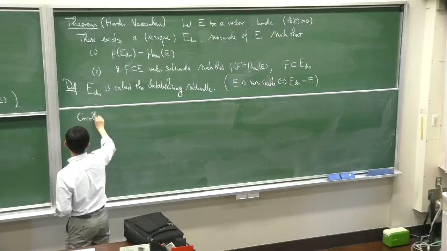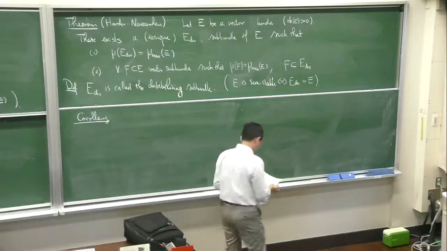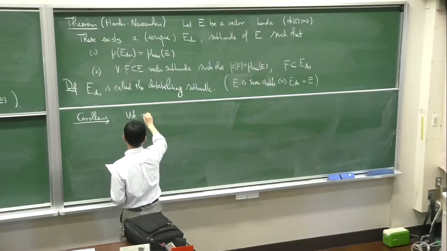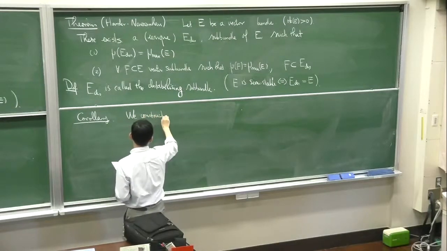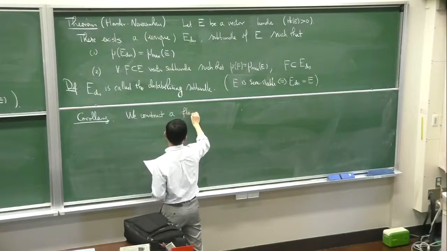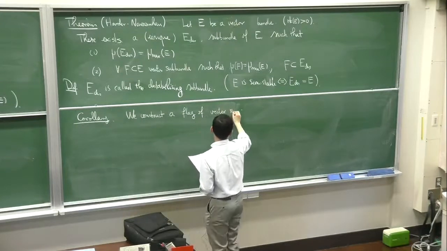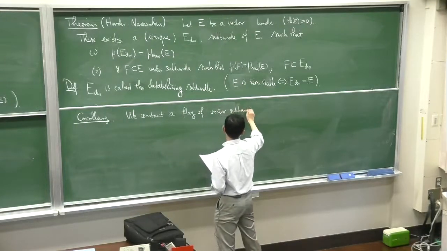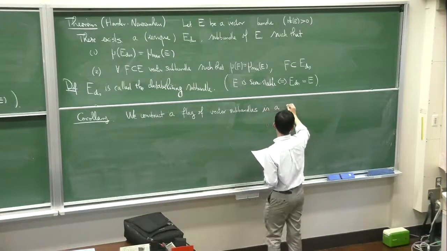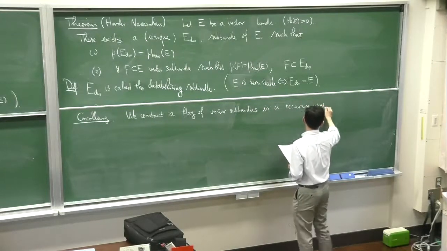Corollary. We can construct a flag of vector subbundles in a recursive way as follows.